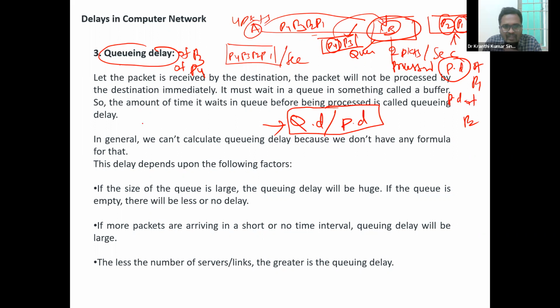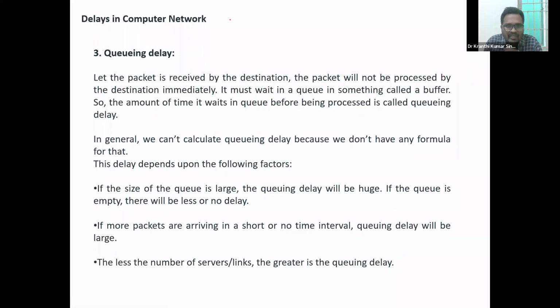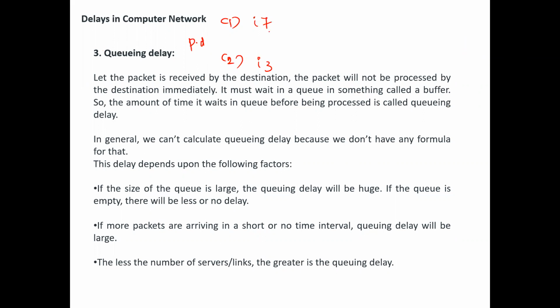I'll explain clearly. I take two cases, case 1 and case 2. Case 1, I'm using processor i7. Case 2, I'm using processor i3. Then in which case is processing delay more, and in which case less? More in i3, sir.